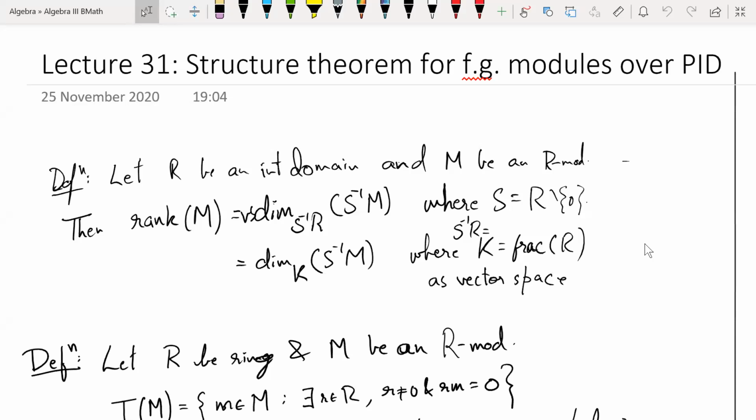And it behaves well with quotient. So S inverse of M mod N is the same as S inverse M mod S inverse N, with this identification of S inverse N in S inverse M.